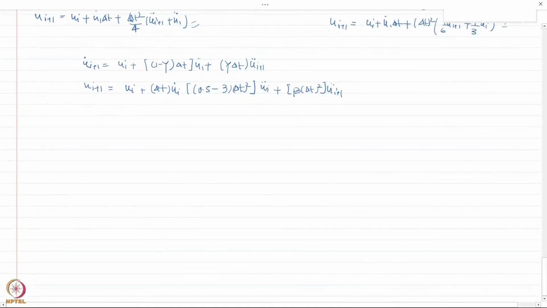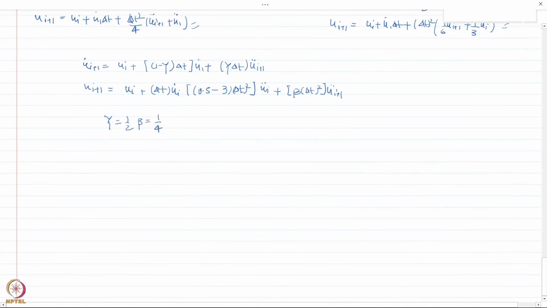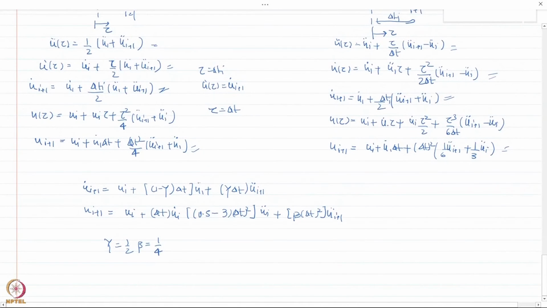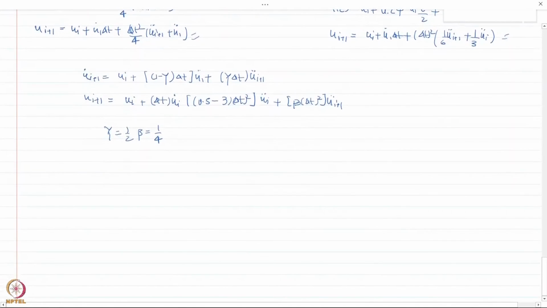And what happens when gamma is equal to half and beta is equal to 1 by 4? These expressions transform to the expressions that we have obtained for the constant average acceleration method.